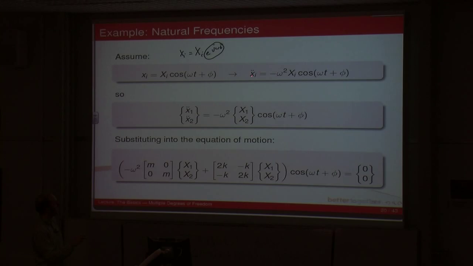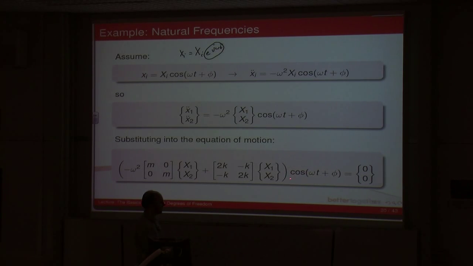So you can see that x double dot 1 and x double dot 2 is minus omega squared times this. And you plug that into your equation of motion, you get this. Here's the eigenvalue problem. Minus omega squared times your mass matrix times x1, x2, plus the stiffness matrix times x1 over x2.